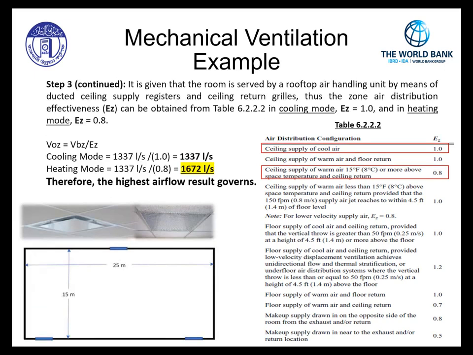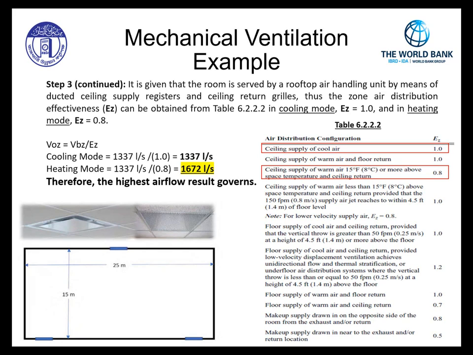Step 3 continued. It's given that the room is served by a rooftop air handling unit. Remember, this is a single zone system by means of ducted ceiling supply registers and ceiling return grills. Thus, the zone air distribution effectiveness, E sub Z, can be obtained from table 6.2.2.2.